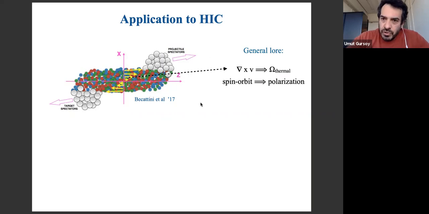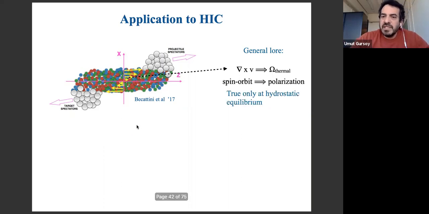The general lore in these applications of spin hydrodynamics to heavy ion collisions has always been that you have some non-trivial gradient of the velocities, and they will give rise to some thermal vorticity. And because of spin orbit coupling, this thermal vorticity turns into polarization of the hadrons that come out of this quark-gluon plasma, like some hyperons, etc.